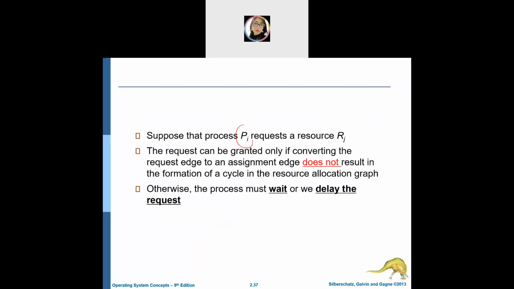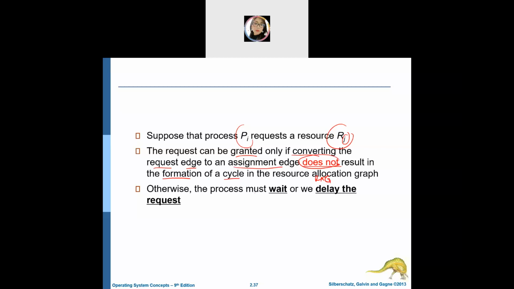Suppose that P1 requests R_j. The request can be granted only if converting the request edge to an assignment edge does not result in the formation of a cycle in the RAG.